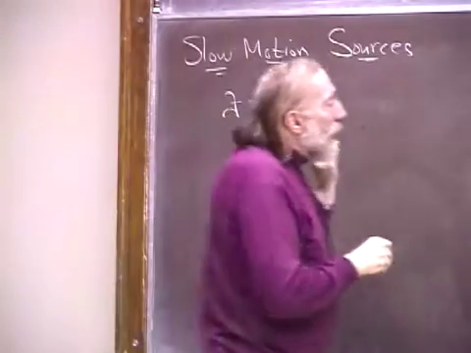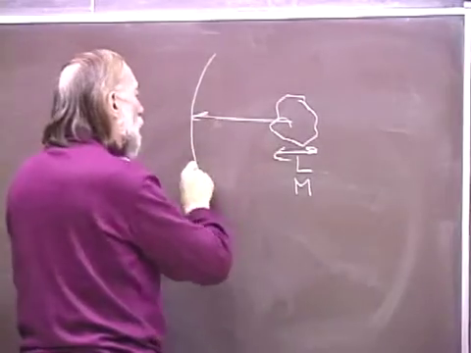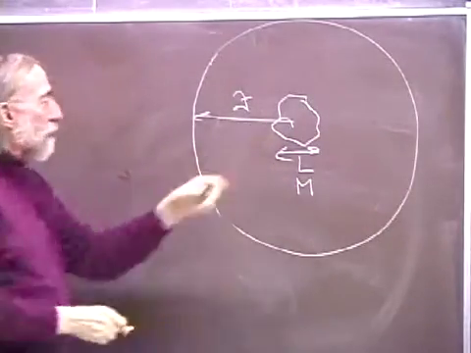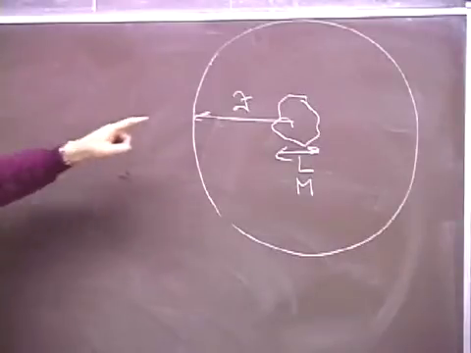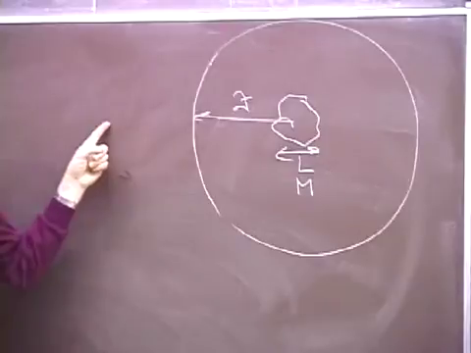Now, for such a system, it's useful to identify the location that is a distance lambda bar away from the center of mass of the source. And that's the transition point between the near zone and the far zone.